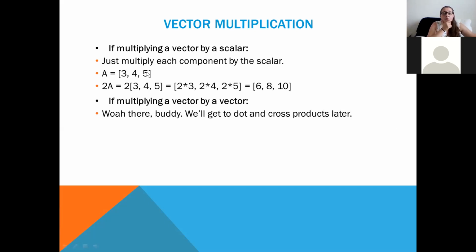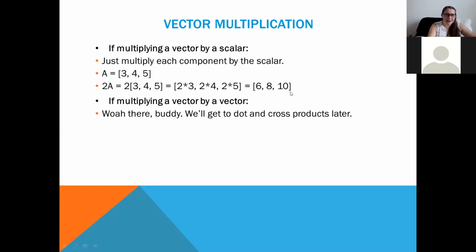We just multiply each of those components by that scalar number. So A is 3, 4, 5. 2A is 2 times 3, 2 times 4, 2 times 5, which gives us 6, 8, 10.